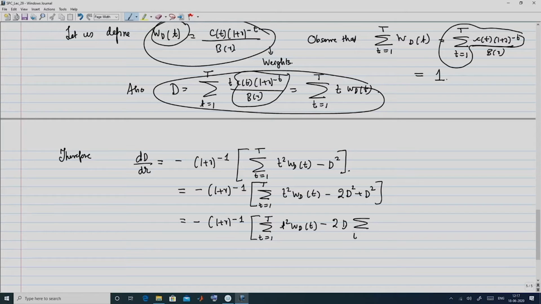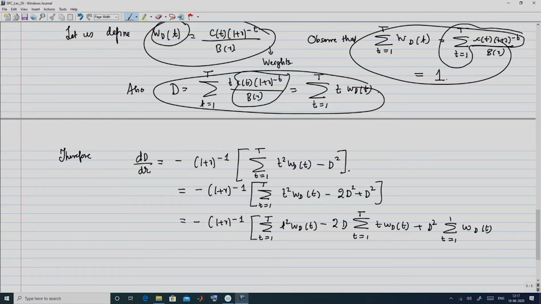So, this will become summation t is equal to 1 to capital T, t w d of t plus D square, and I will have, instead of 1, I will now make use of this expression, summation w d of t, t is equal to 1 to capital T.